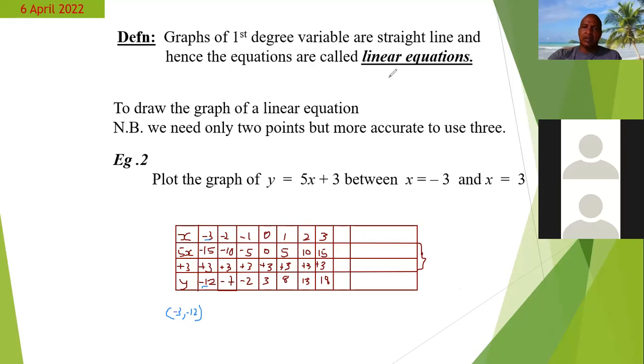So take a screenshot. You're going to take a screenshot of this table, and you're going to plot the graph on graph paper from the table, and label it in accordance to how we did the first one. So you're going to label your x-axis, label your y-axis.